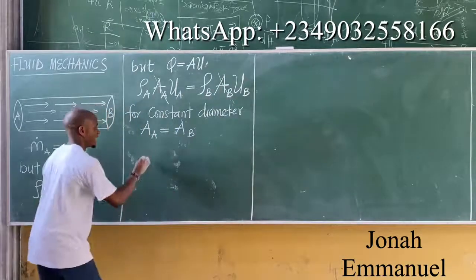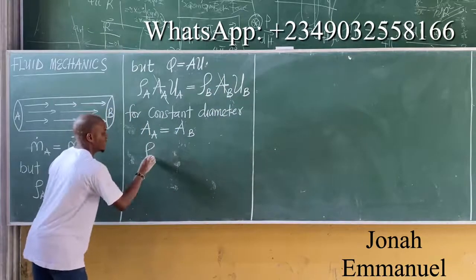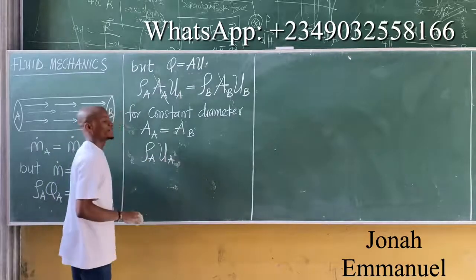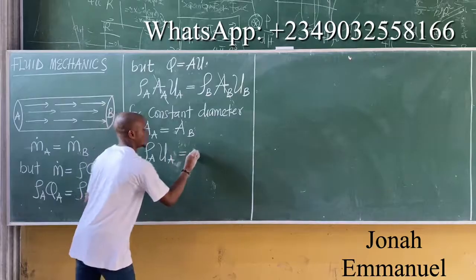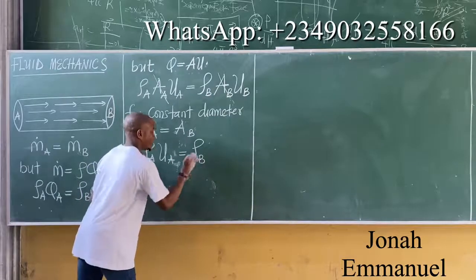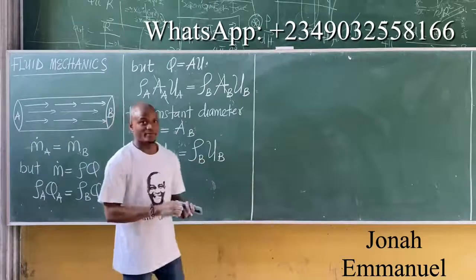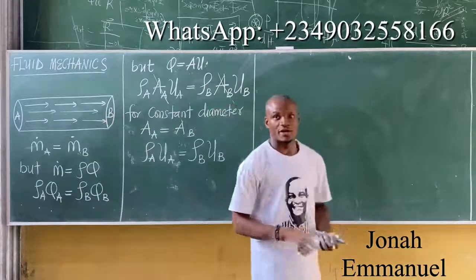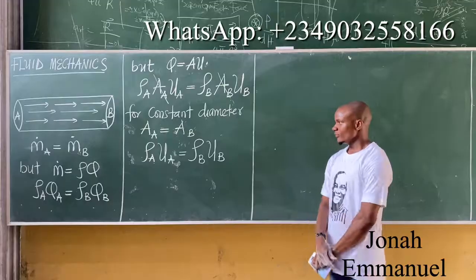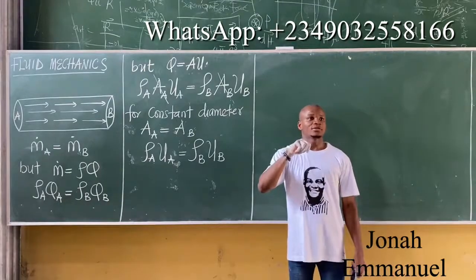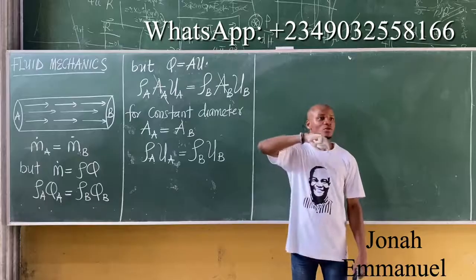Hence, I now have that the density at point A times the velocity at point A is equal to the density at point B times the velocity at point B. Now check your notes.